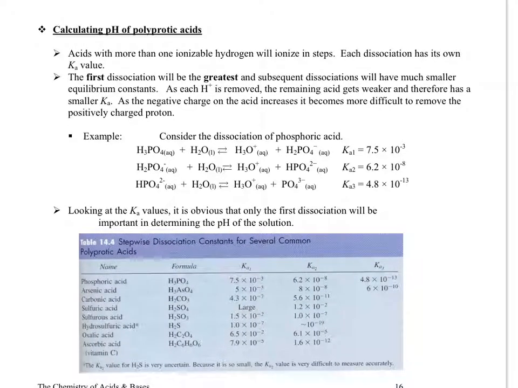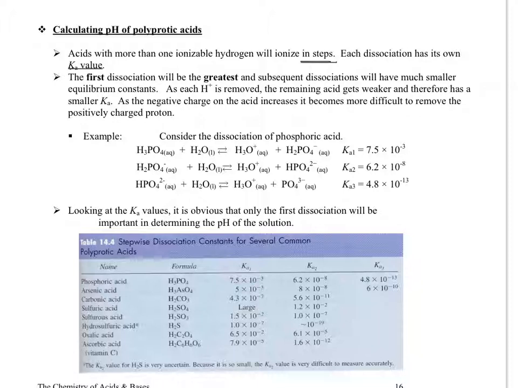All right, the next section is talking about polyprotic acids. So we said earlier, I think in video 1, that polyprotic acids are acids with more than one hydrogen that can be lost. This will happen in steps, and each step has its own Ka value.